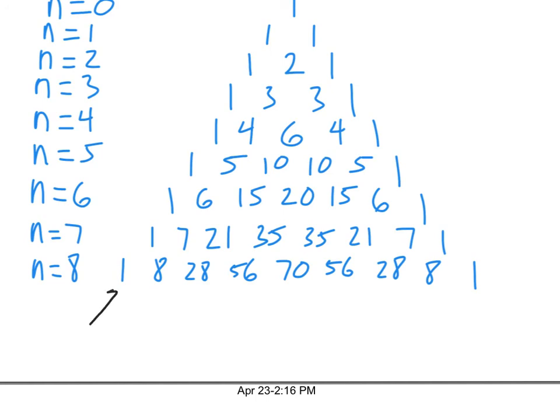Okay? But I don't want you to lose sight of the connection that here's what was going on. This number right here, that's 8 choose 0. That's 8 choose 1. That 28, you could get that 28 from 8 choose 2.